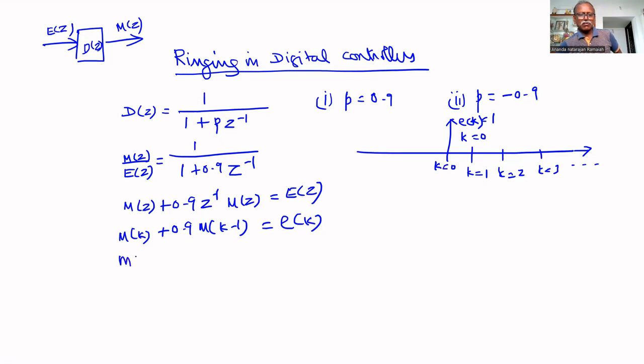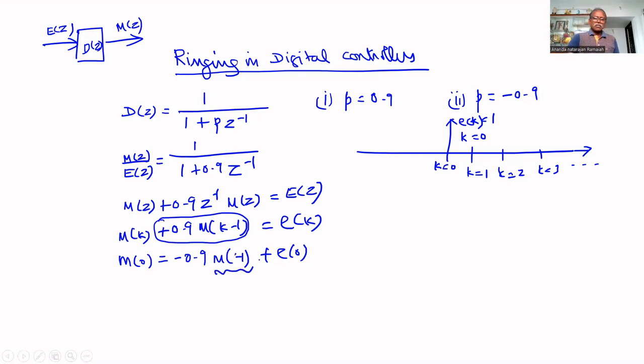M of 0 equals, this term will come to the right hand side, minus 0.9 M of K minus 1, that is M of minus 1, plus E of 0. M of minus 1 is also 0, the initial value of the controller is 0. Therefore, M of 0 equals minus 0.9 multiplied by 0 plus E of 0, which is 1. Therefore, M of 0 equals 1. That is the controller output at K equals 0.